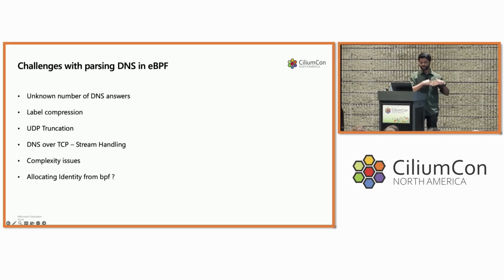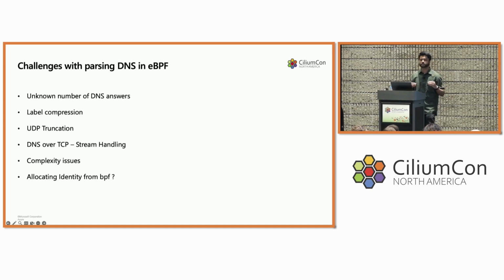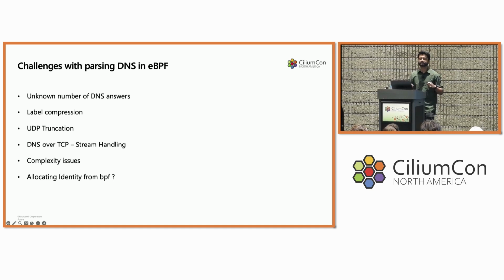One of the major challenges was also that Cilium used to lazily allocate FQDN identities in the past, and we used to allocate one identity per IP address. That changed, I think, two releases ago, where now we only allocate one identity for an entire FQDN label. That made it a little simpler.